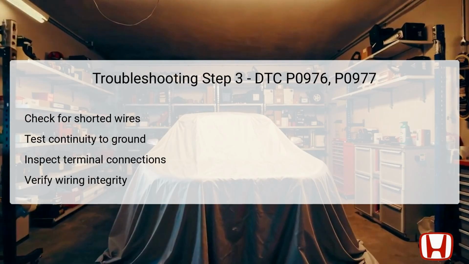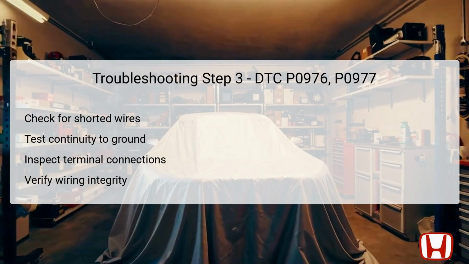With the vehicle still in off mode, retest the continuity between TCM connector terminals number 3 and number 36 to the vehicle's body ground. If continuity is detected, this could indicate that a short to ground exists within the Shift Solenoid B or Variable Valve Solenoid wiring, warranting immediate repair.